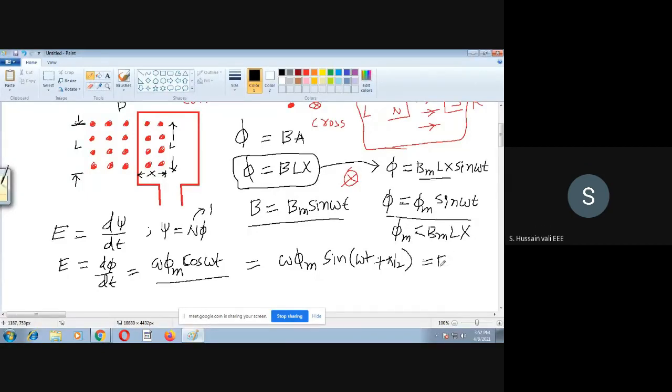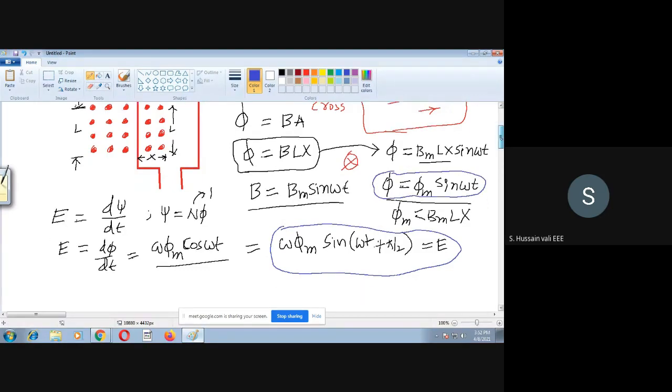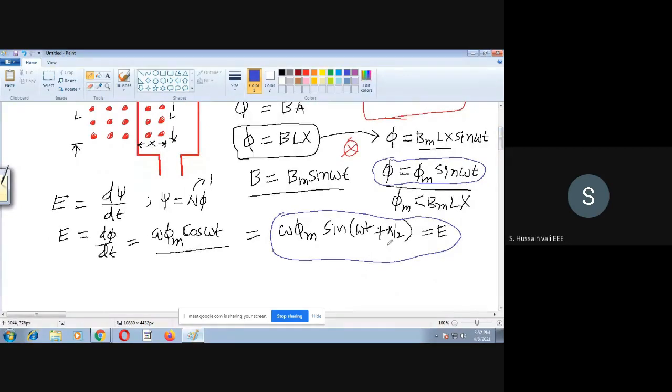From this expression, we can bring some conclusions. This is the EMF expression, whereas this is the flux expression. What is the difference you will find between these two? One difference is that it is sin omega t here, whereas it is sin omega t plus pi by 2.